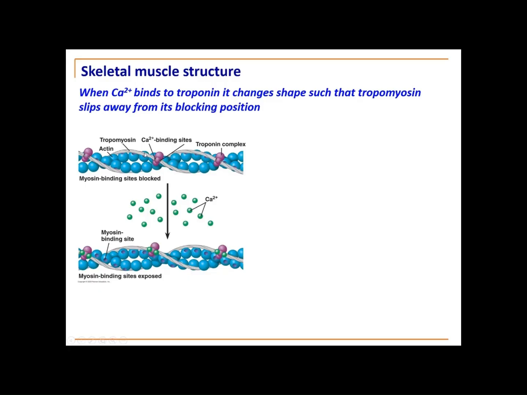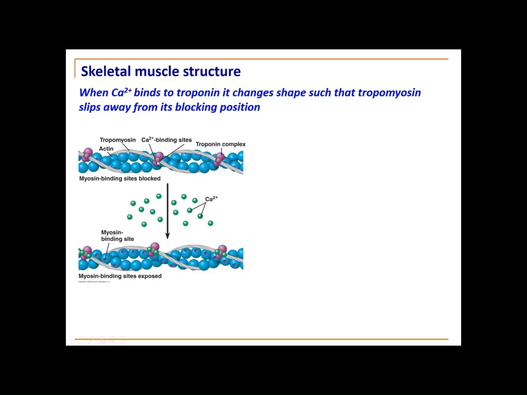For now, I just want you to accept that this will happen, that on generation of an action potential in the skeletal muscle, that action potential travels throughout the muscle and down some structures called the T-tubules, but we'll come to that later.